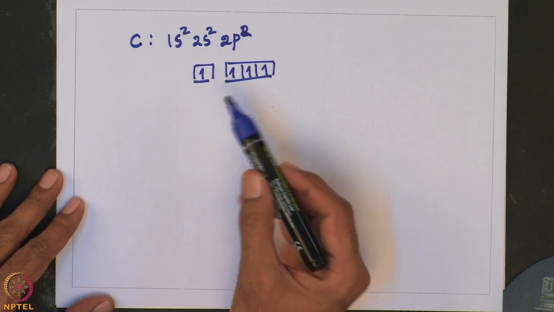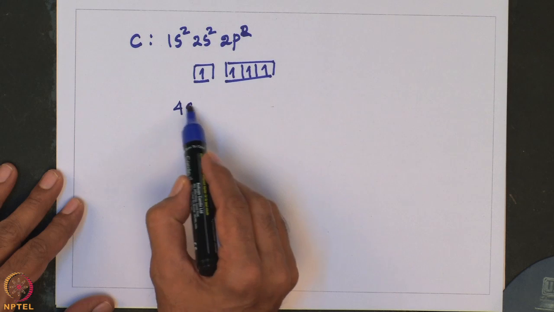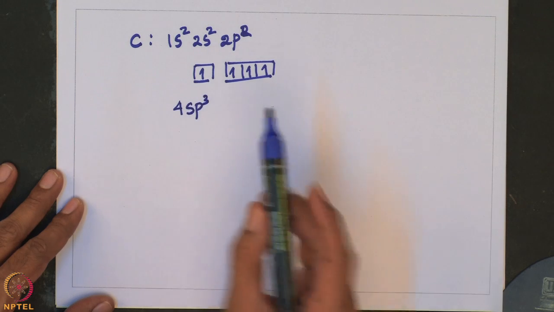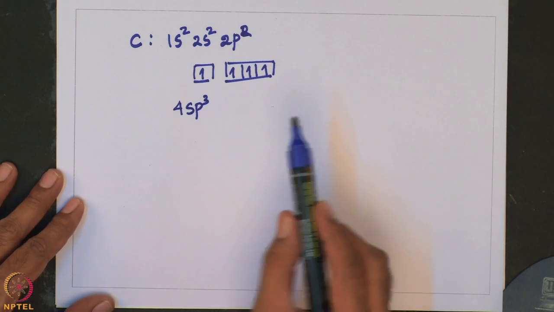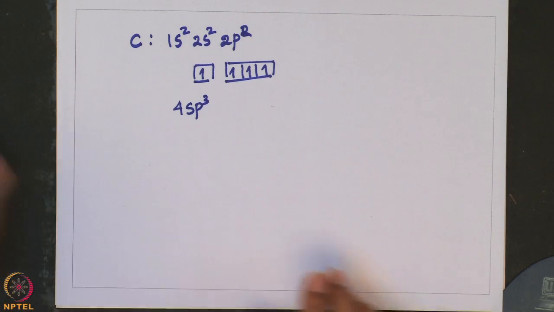Now these 4 orbitals combine to form 4 sp3 hybrid orbitals having 1 electron each, and they are disposed tetrahedrally. Each sp3 orbital with 1 electron combines with the 1s1 orbital of 4 hydrogen atoms to form 4 C-H bonds.